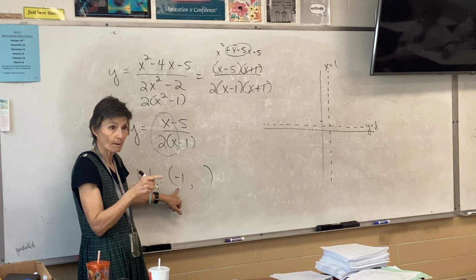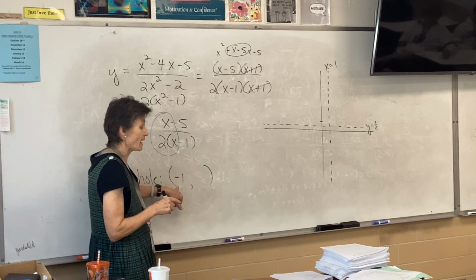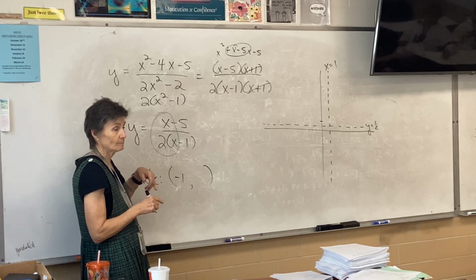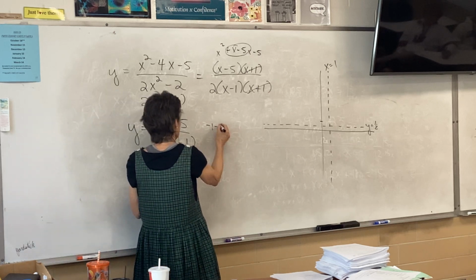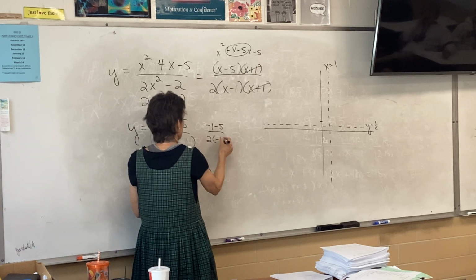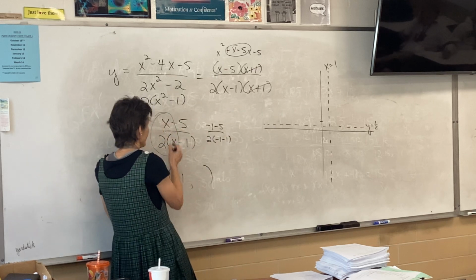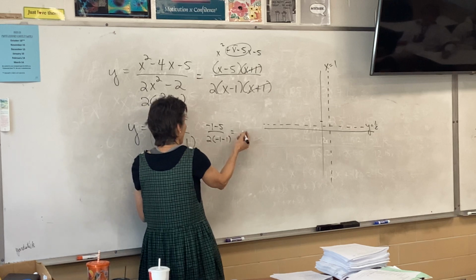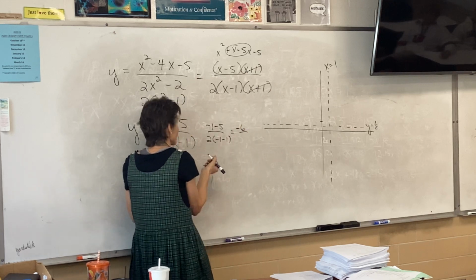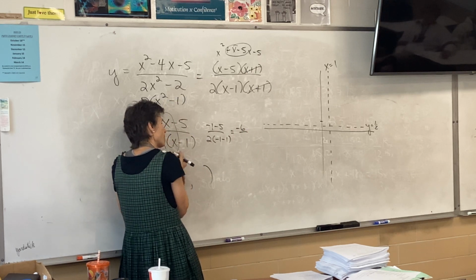Plug it in. We're going to plug that in. Where are we plugging it in at? Right here for x. So -1 minus 5 over 2 times -1 minus 1. Putting in -1 for the x's. So my top is -6. And what's the bottom?